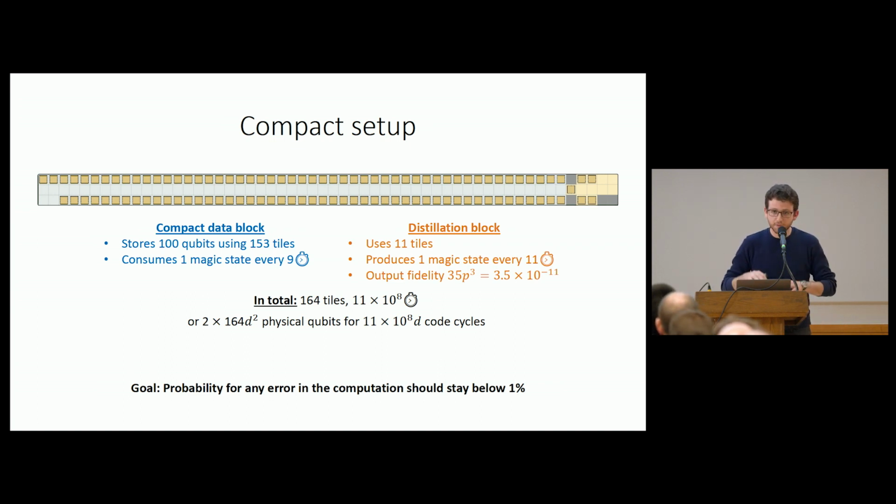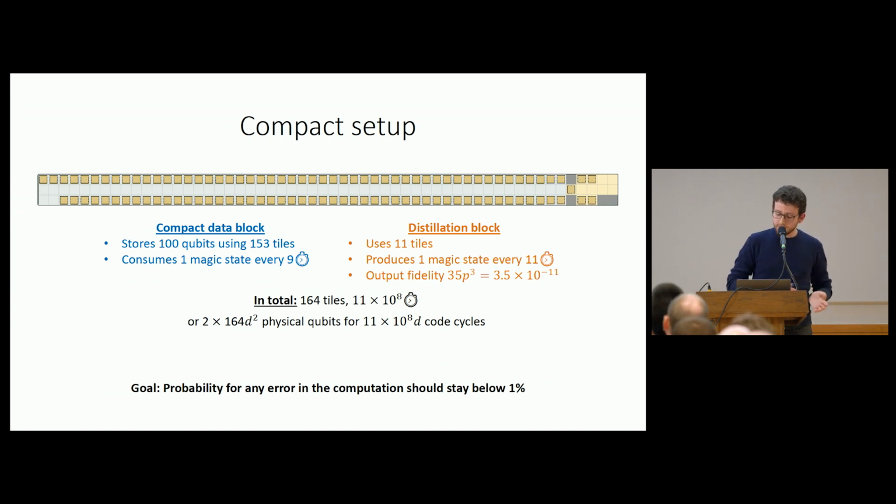We should check that the output fidelity is good, that the output magic states are good enough to execute 10 to the 8 T-gates with the probability of any one of them failing staying below 1%. And 10 to the minus 11 is certainly good enough for that. So in total, this is a 164 tile quantum computer that executes 1 T-gate every 11 time steps. So it takes 11 times 10 to the 8 time steps to go through the computation.